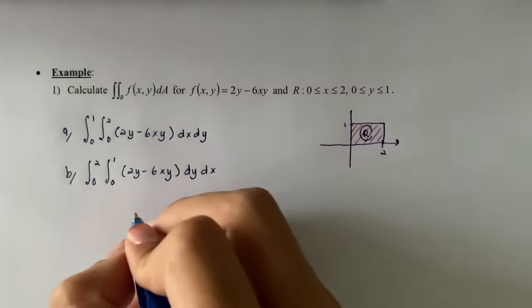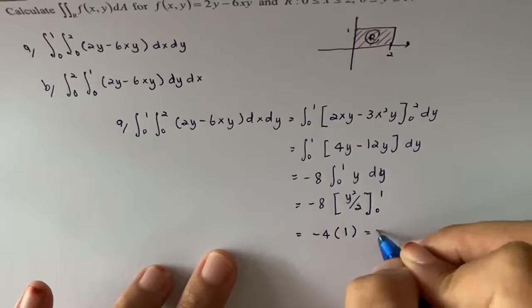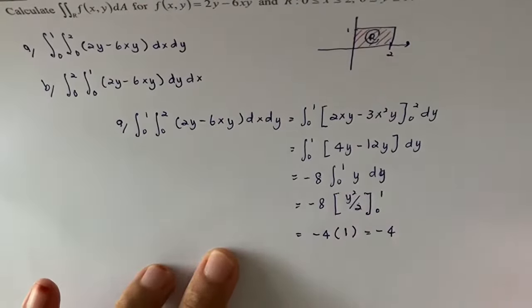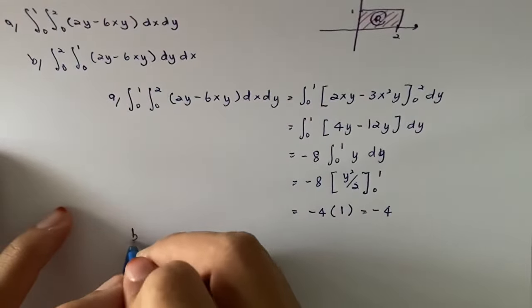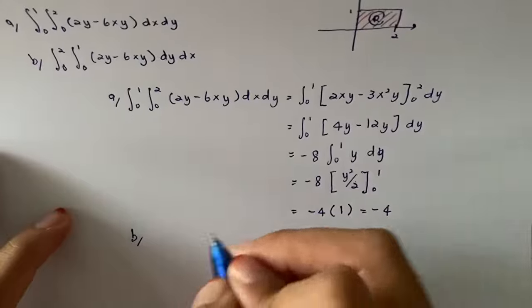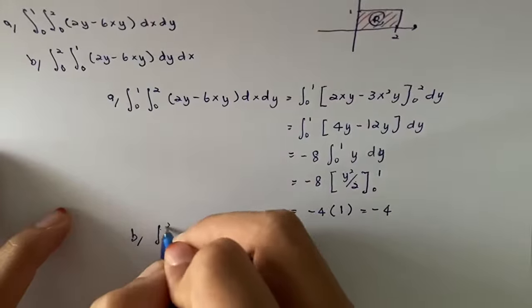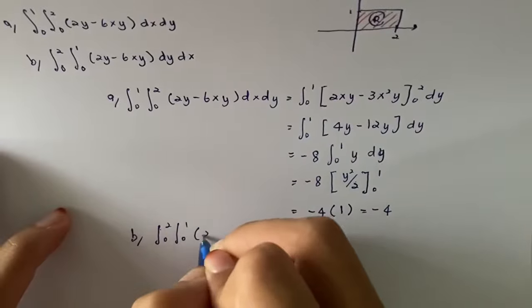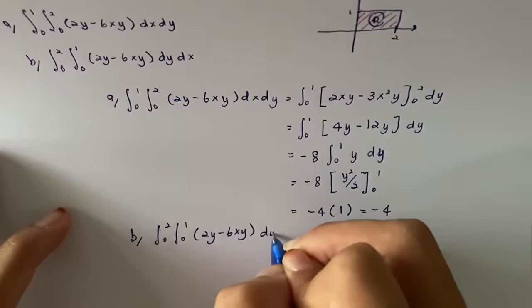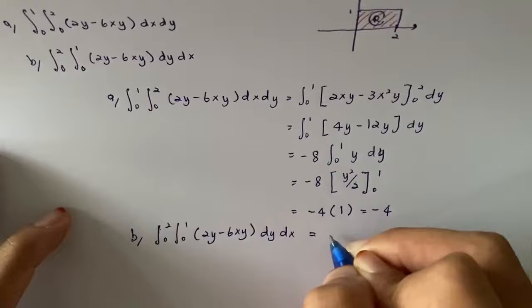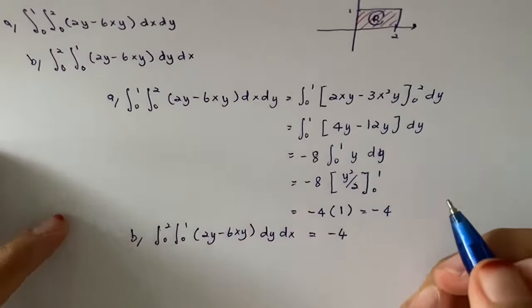Let's try for A. The final answer is minus 4. You can try solving for B, the integral 2y minus 6xy dy dx, and you should get minus 4 as well.